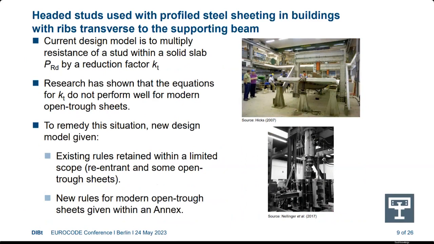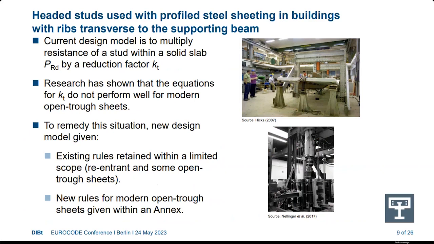Shear studs. For such a simple item, the shear stud causes much debate, decades' worth of debate about the resistance of a shear stud. It was recognised that shear stud resistances could be in need of a revision, because when the first generation Eurocode 4 was written, historically studs have been used in solid concrete slabs, and then profile decking started to appear as the Eurocode rules were being developed.